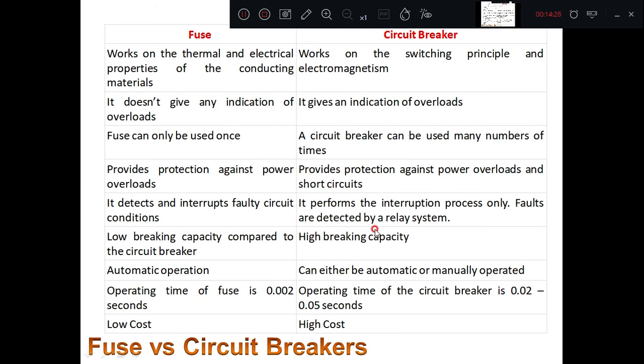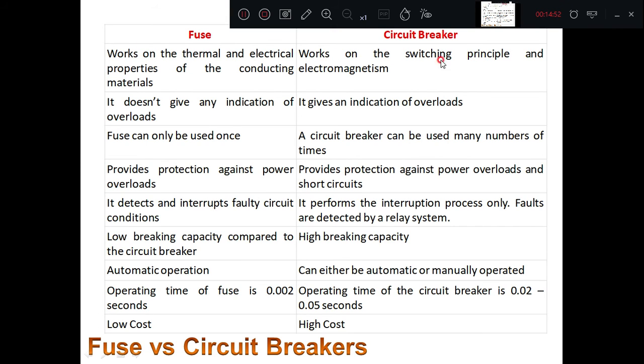Then if you compare the fuse and the circuit breaker, they have the same function, but the operation and design are somewhat different. The fuse works on the thermal electrical property. Because of the heating up of the circuit element, or fuse element, there is a breaking of the circuit.